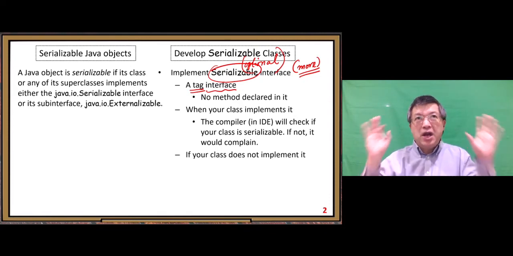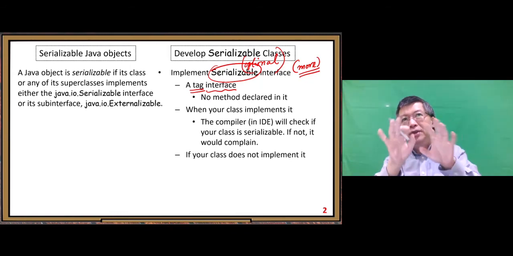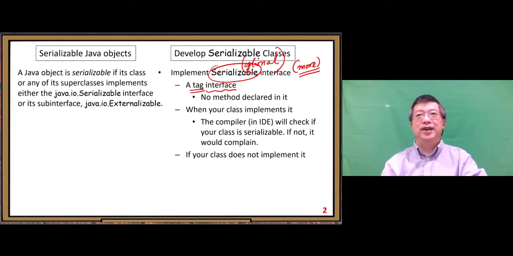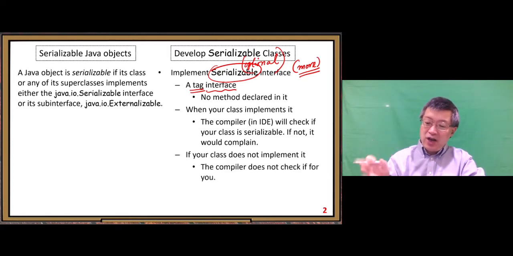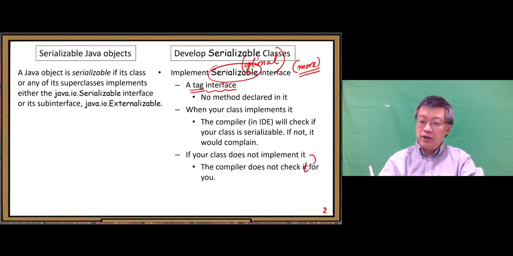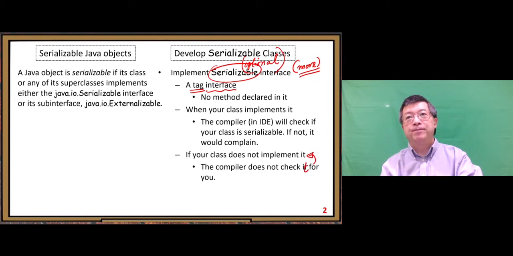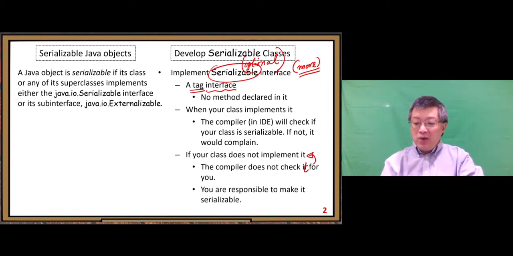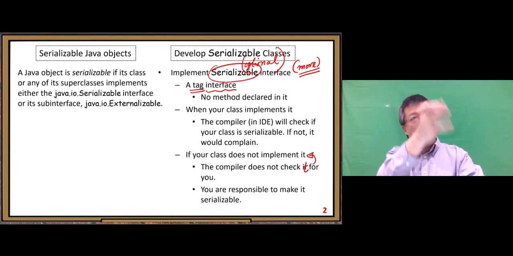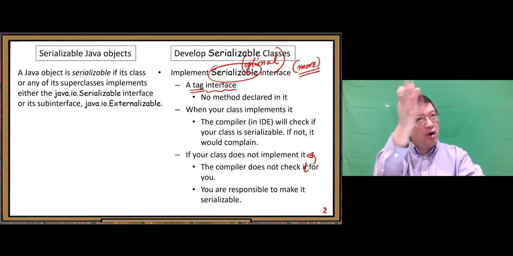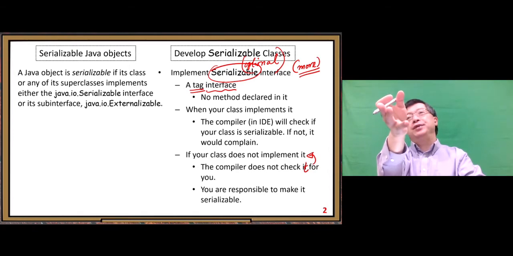The compiler does not have the responsibility to do the check for you. You are responsible to make it serializable. If you still want your JavaBeans serializable, it's your responsibility.